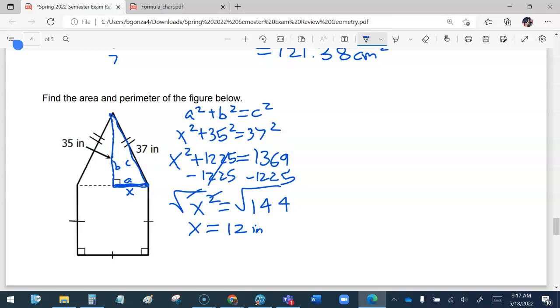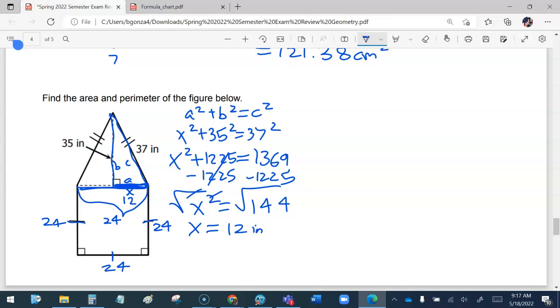Now I did all that work just to find out x right here is 12. So all the way across is going to be 2 times 12, which is 24. And if that's 24, then these other tick marks have to also be 24. That was kind of tricky, but just finding this one little slice gives me the whole thing, and guess what? That's a square, so they're all 24.